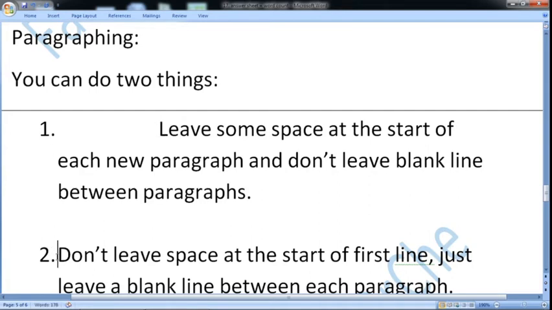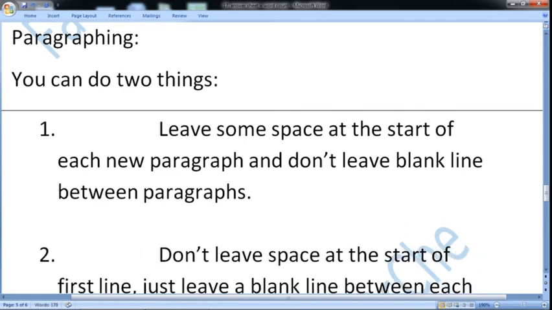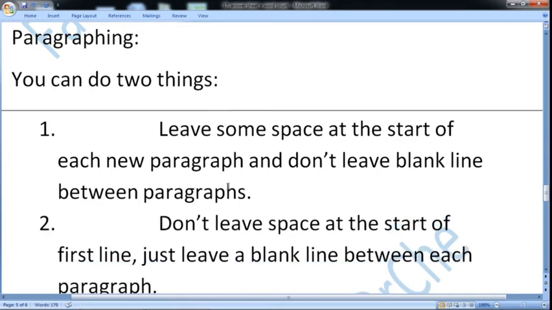Your second body paragraph would also use a similar length of space at the start, and then don't leave any space between the two body paragraphs.